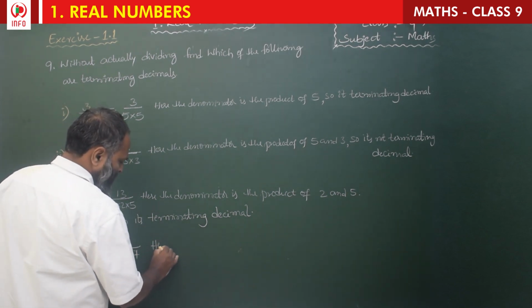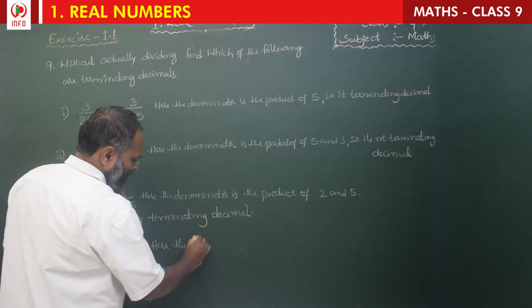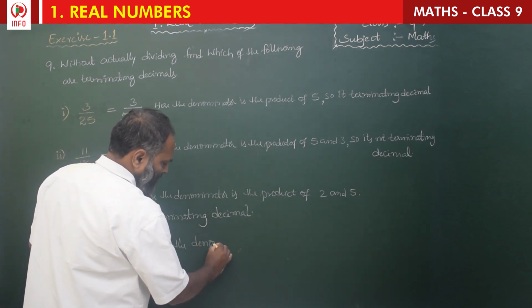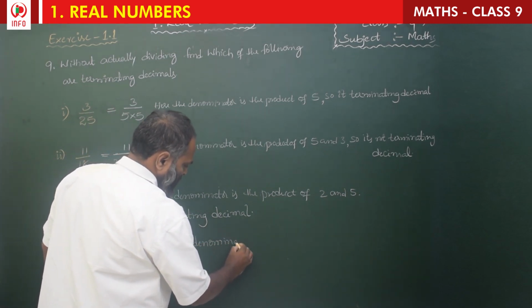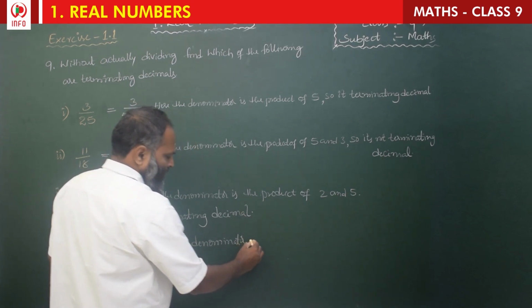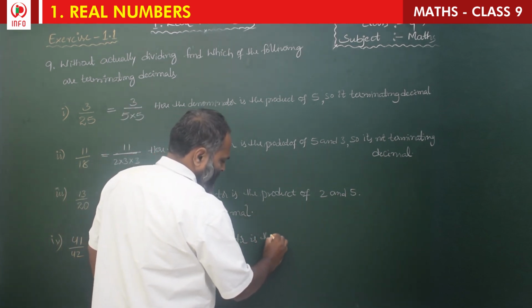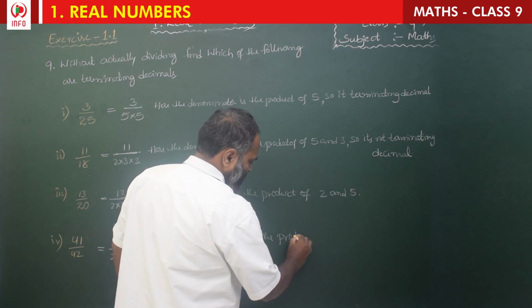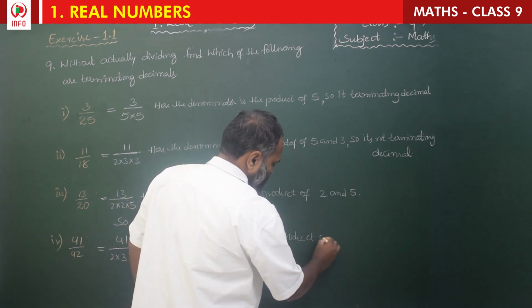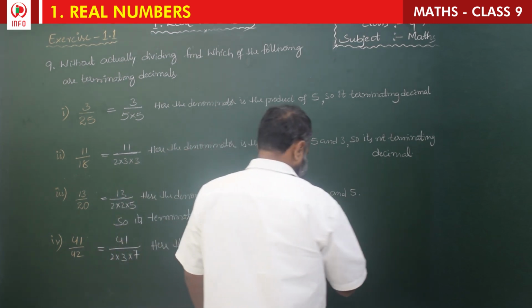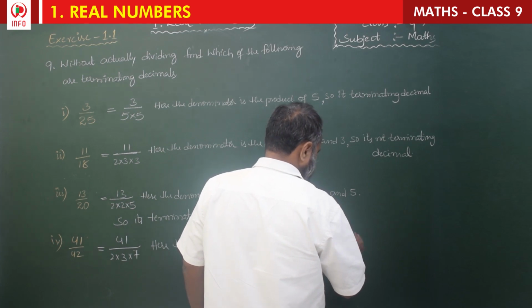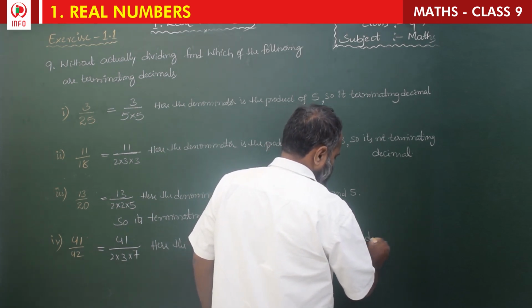Here the denominator is the product of 2, 3 and 7.